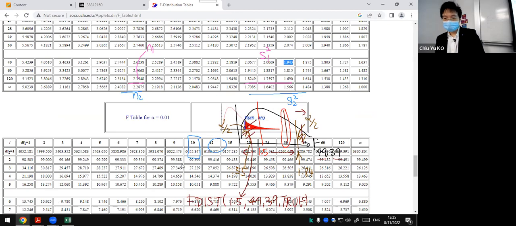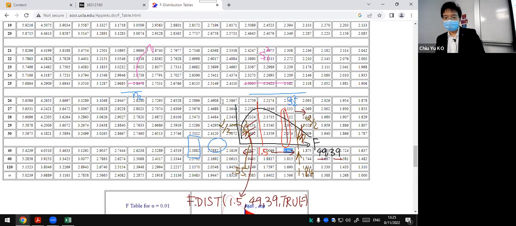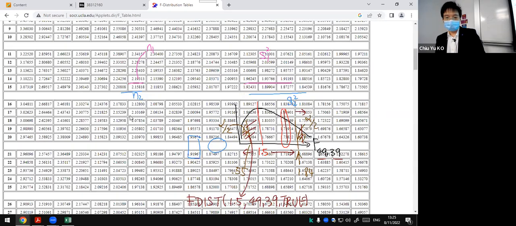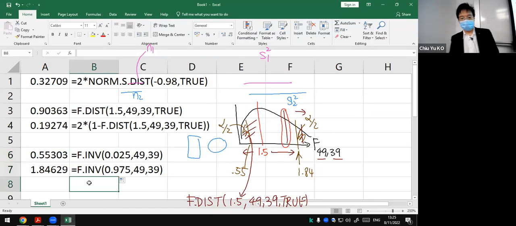And you also have to look at the left-hand tail. It's obviously easier to use the p-value method, because the table is not very convenient. But I hope it's clear now.